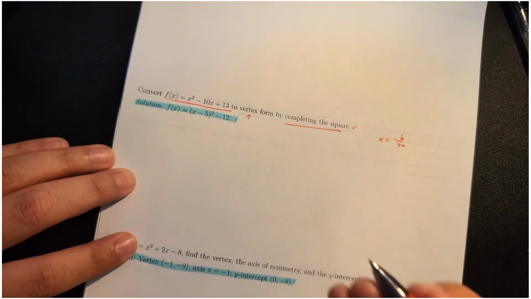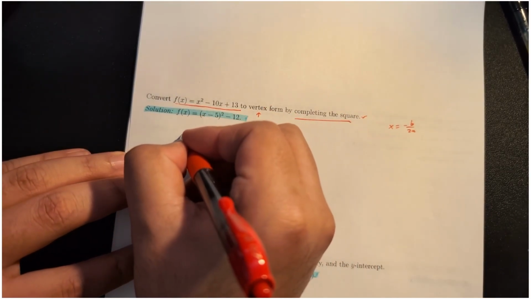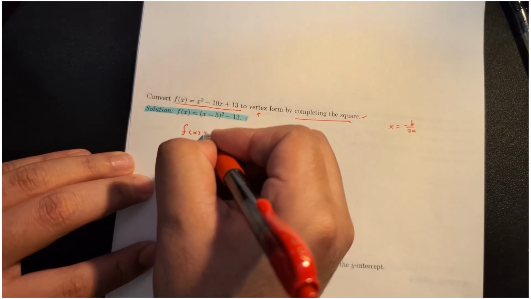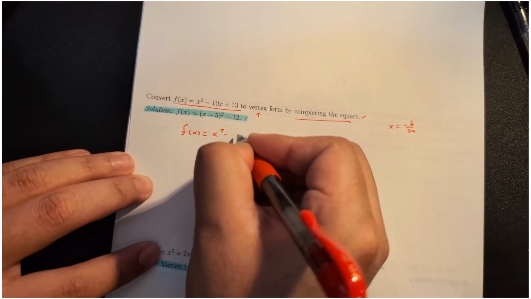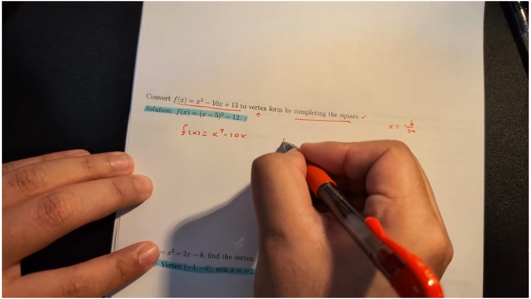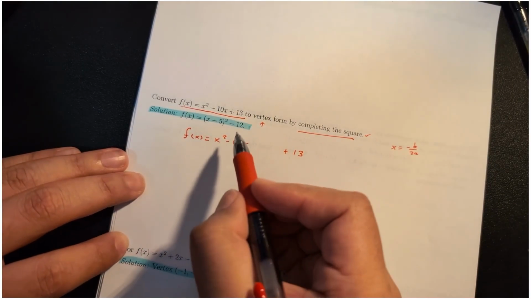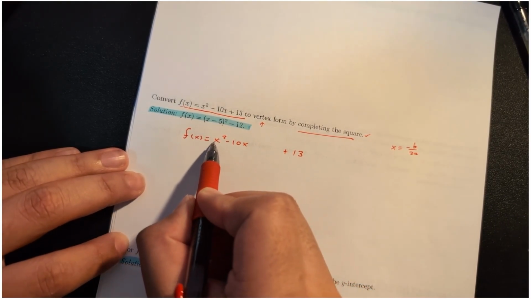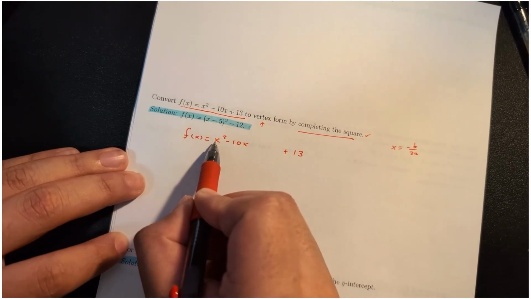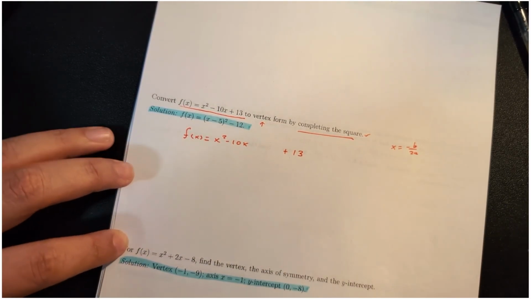So to complete the square, we simply rewrite it. x squared minus 10x, and then I'm going to give myself some space, plus 13. Here, do I have anything in front of the x squared? If I do, I need to factor that out. If I don't, I can move on to the next step.